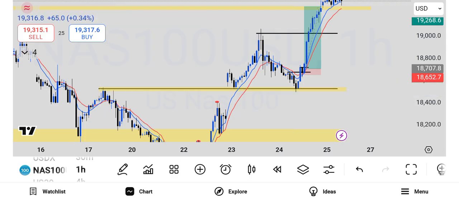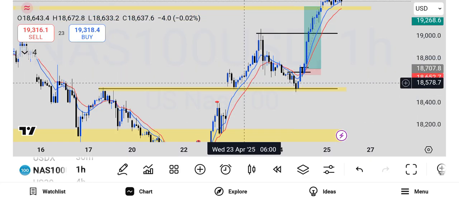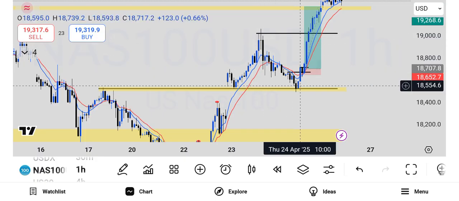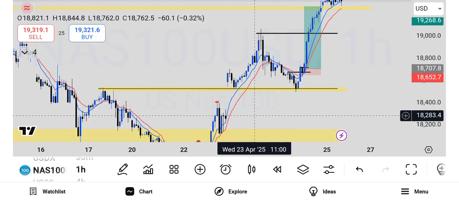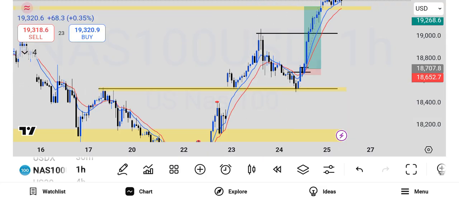So price ended up breaking, retesting, creating a new high, and then price corrected to this support, right?